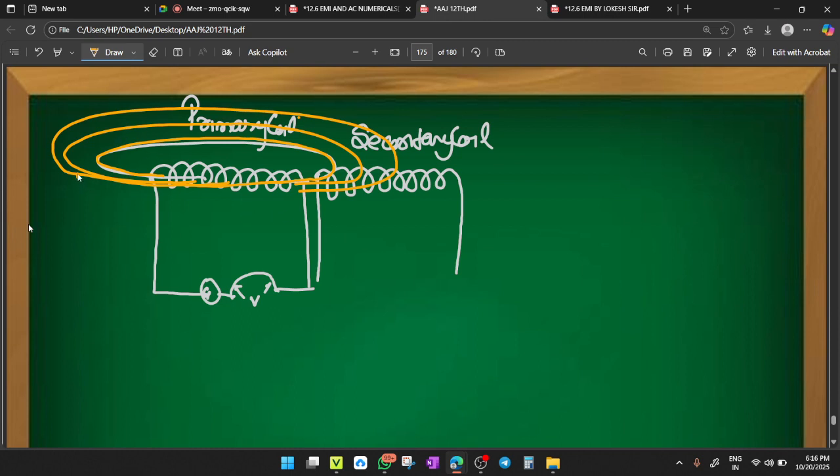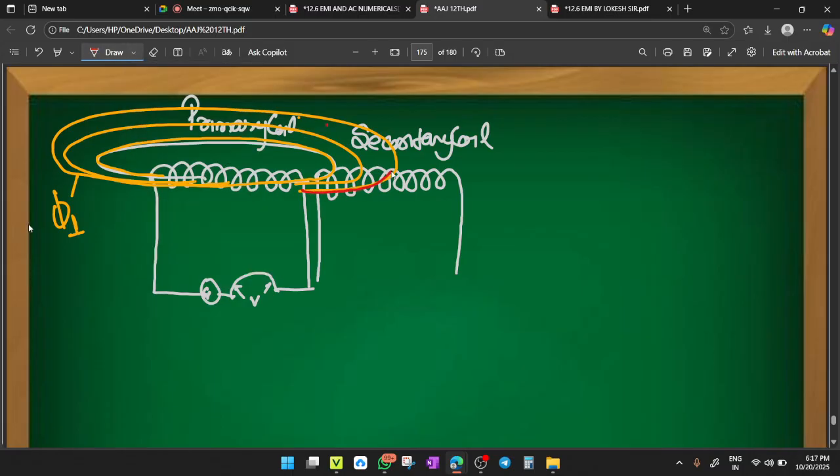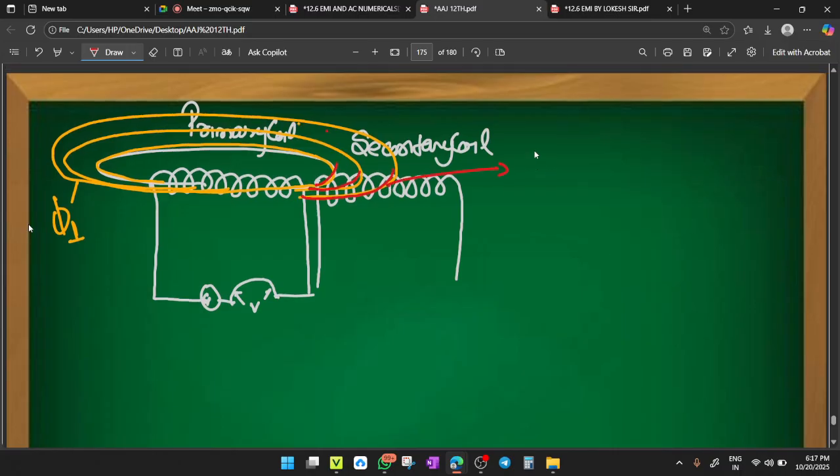So if the flux here is phi 1, the flux associated with the secondary coil, you can see it using red color, this much amount. This is the flux in the second coil, but because of the first coil. Okay, this is phi 1.